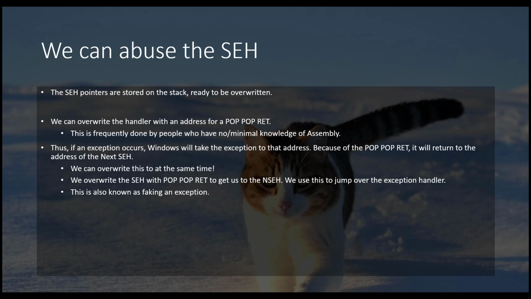You just need to understand what pop ret does. It's something that we use with our SEH overwrite. We place it in the SEH, and then the NSEH, which precedes it, has our instructions to jump over that. So pretty simple, pretty basic. Don't need to have a deep knowledge at this point.